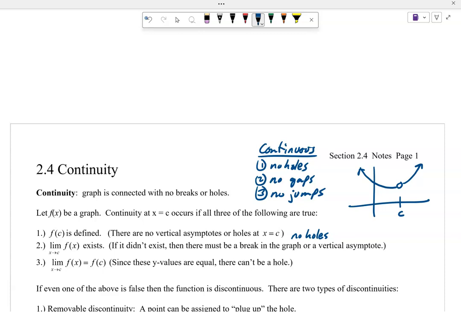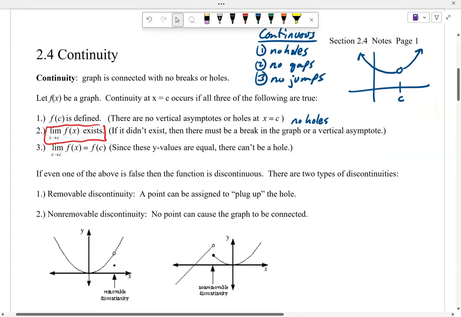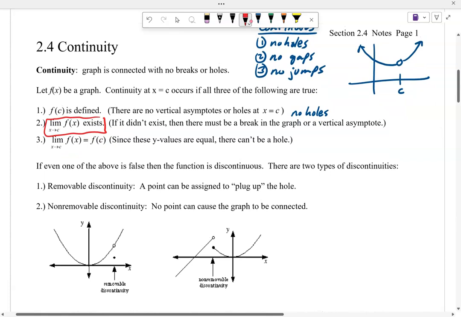That's number one. Number two, now that we have a little background in limits, the limit as x approaches c must exist. That means you can't have any gaps.